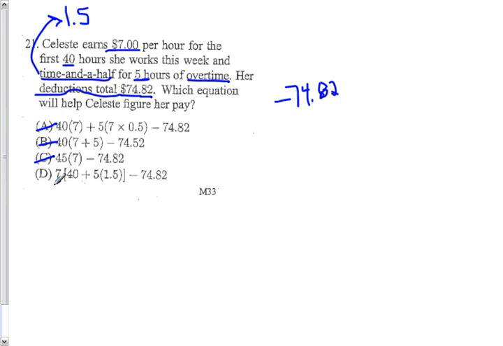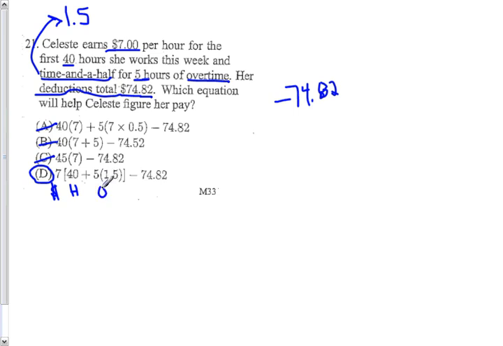And let's look at the answer, which is D, and let's look through the equation here and talk about the pieces and how they fit. So we have 7, our rate that we're earning. This is our dollars, on the outside. So we have 7 times the 40 hours that we earned. And then plus our 5 times 1.5.